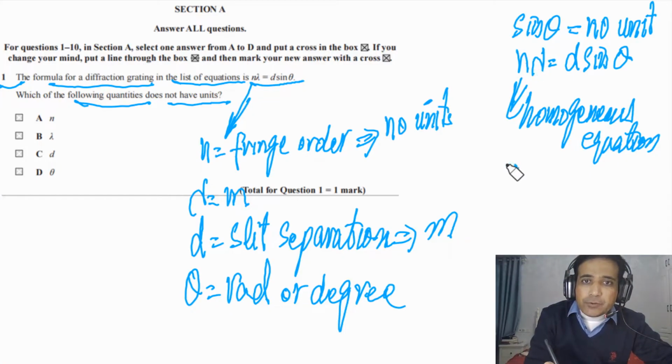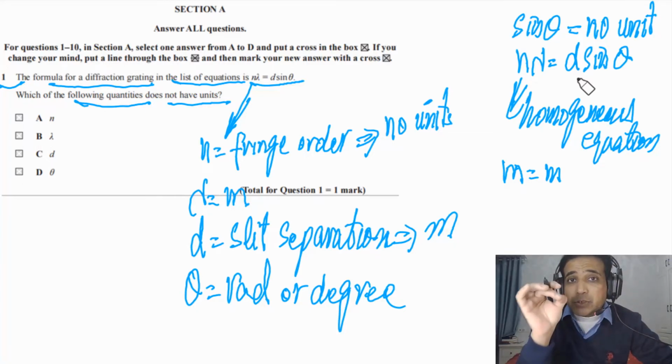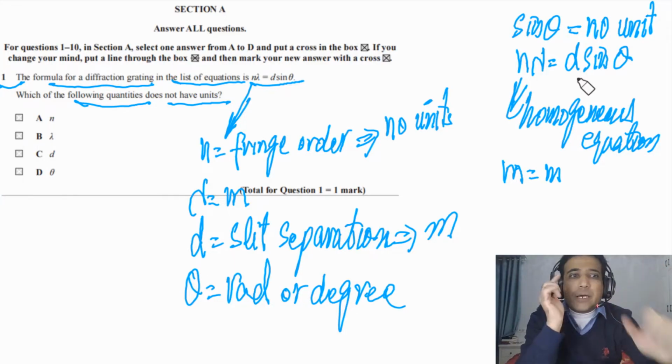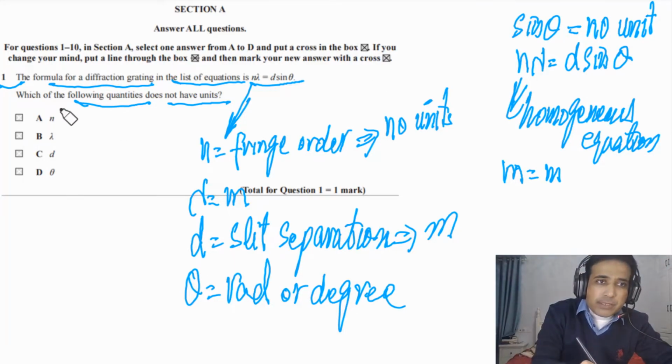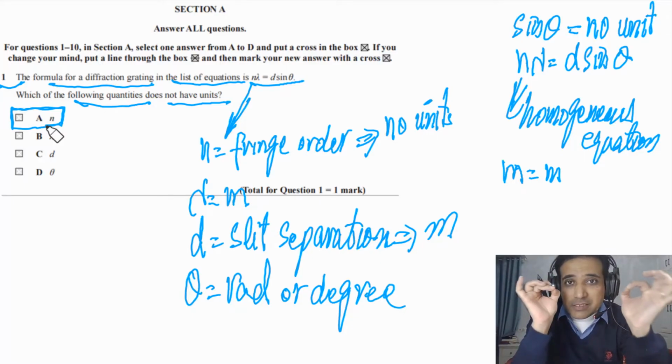So here we have the unit on the left side, that is meter, because n has no units and lambda has unit meter. So it means sine of theta is also dimensionless. Very important, next time they can ask you what is the unit of sine of theta. Now if you go to the given options, the answer for this question has to be A, because n has no units. I hope this makes sense to you.